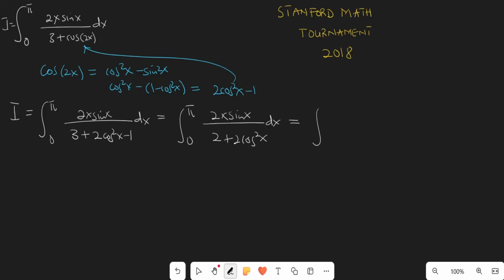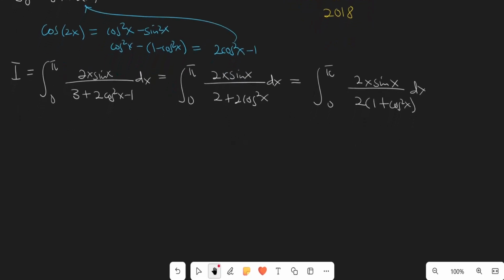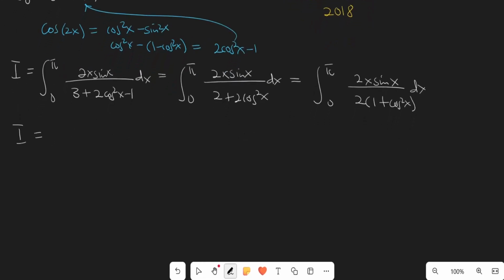And this evaluates to the integral from 0 to pi of 2x sine x divided by 2 times 1 plus cosine square x dx. Alright, cool. So the integral I is the integral from 0 to pi of these two, cancel these two, and we are left with x sine x at the top, divided by 1 plus cosine square x dx.